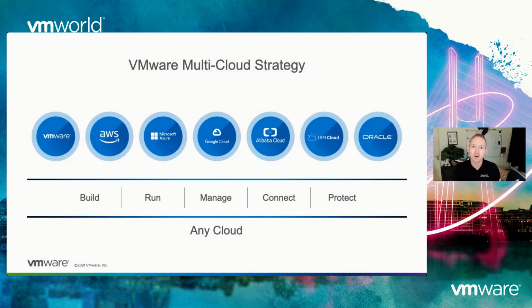All right, so why are we here? Very quickly from the top to the bottom. The multi-cloud strategy that VMware has put out there for a couple of years now is actually taking hold.